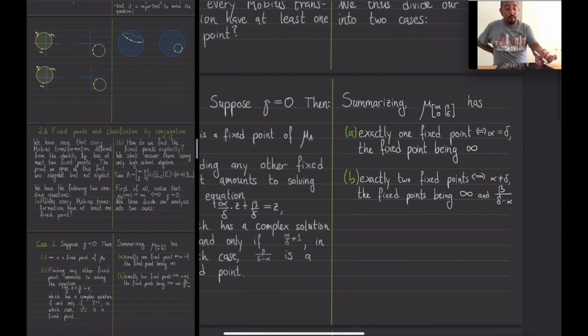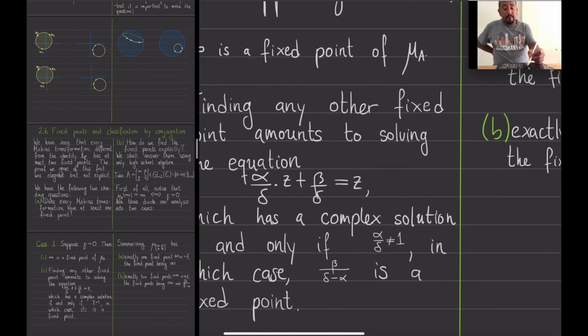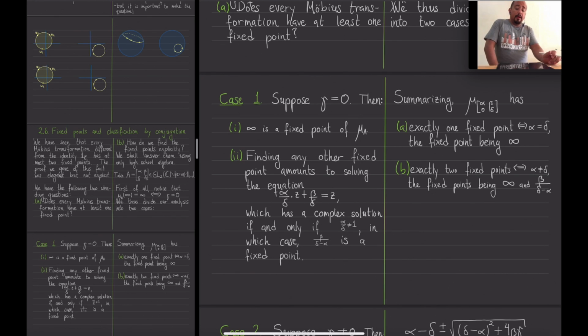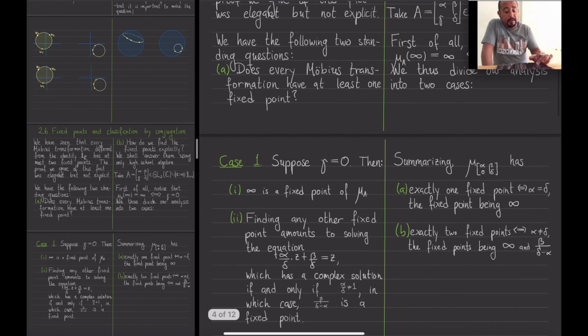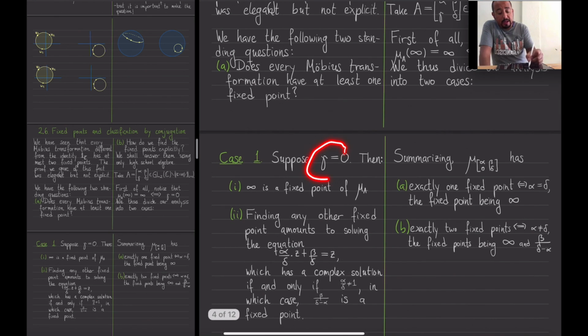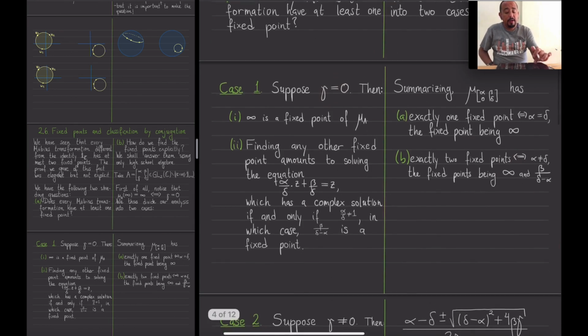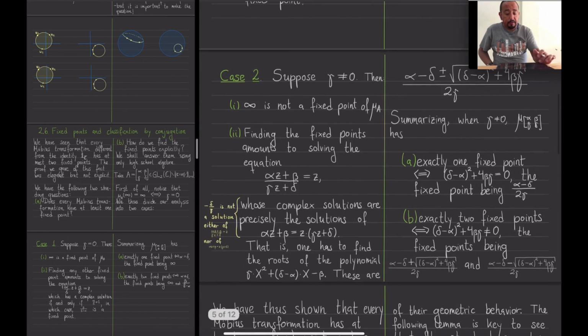It's just by solving this equation for z, a super easy equation to solve. Okay, so this solves the problem when gamma is 0, and in that case there's at least one fixed point, right? So infinity and possibly someone else, if gamma is 0. Okay, now next case, suppose it's not 0.